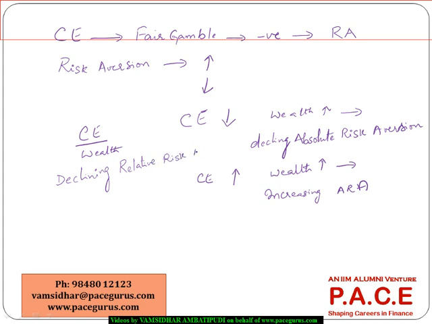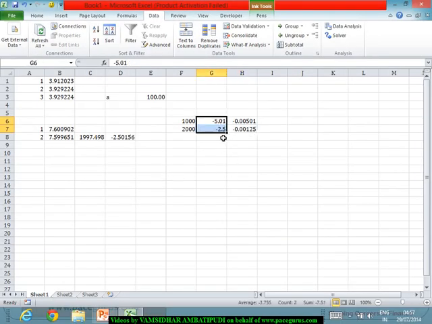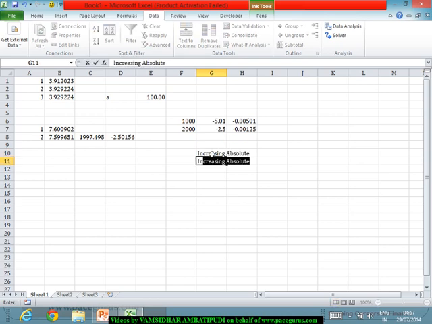And if the proportion is showing an increase, then we say it's an increasing relative risk aversion. Now in this example, there is an increasing absolute risk aversion as well as increasing relative risk aversion also for this case, because in both the cases I am seeing that with the increase of wealth the certainty equivalent value is increasing itself.